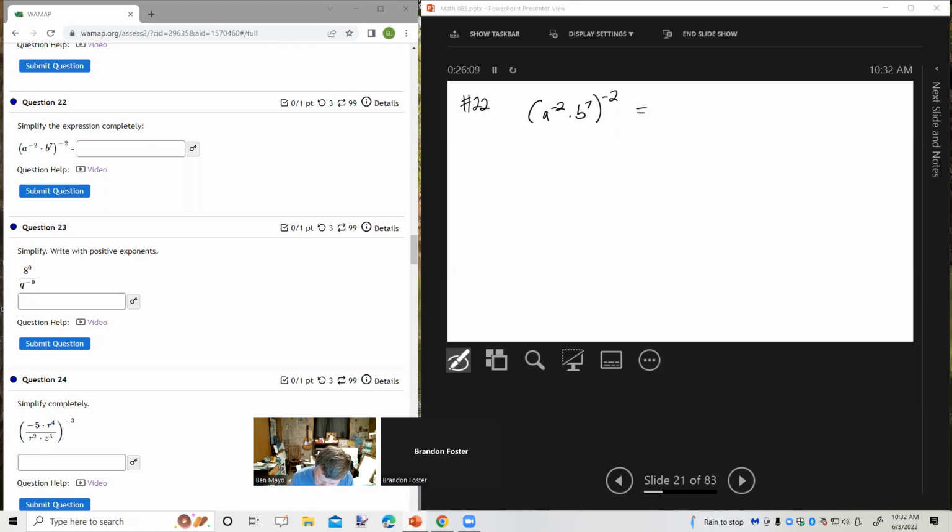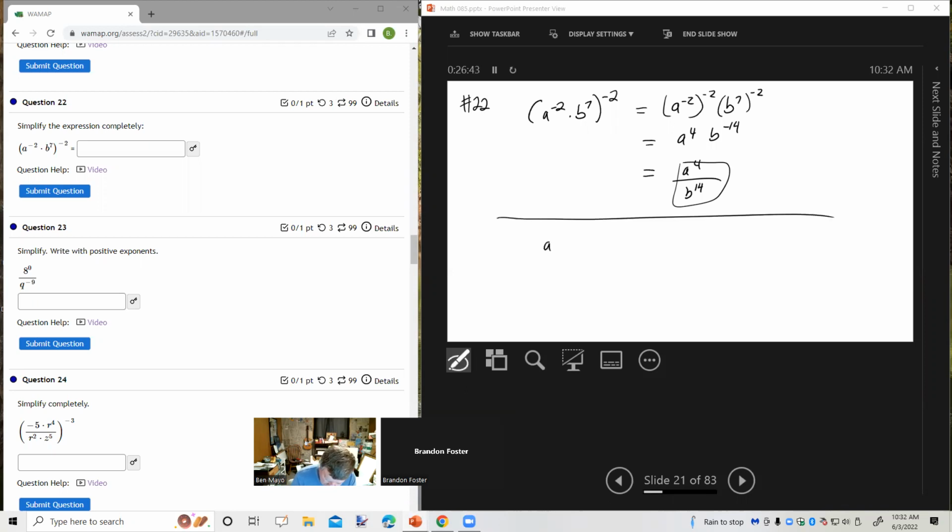So we'll take each factor of the product and raise it to that power. But a power raised to a power, you multiply the exponents. -2 times -2 would be +4. 7 times -2 would be -14. And then taking b to the -14th power, moving it down into the denominator, b to the +14th power. So there's an answer, okay?